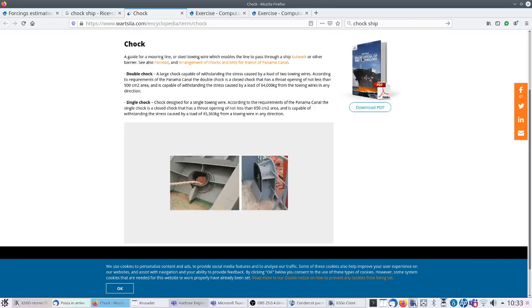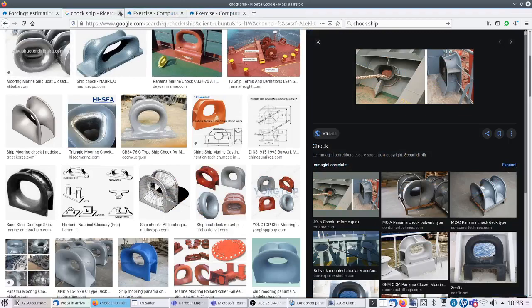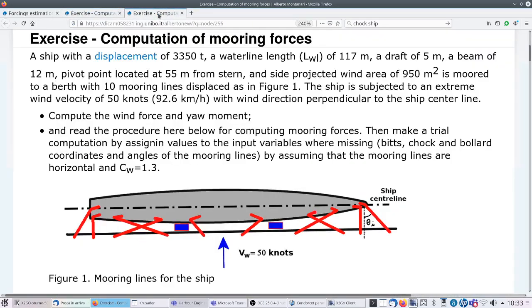Okay, now let's close this and go back to our exercise. So this ship is subjected to an extreme wind velocity of 50 knots. You know, 50 is really very extreme.